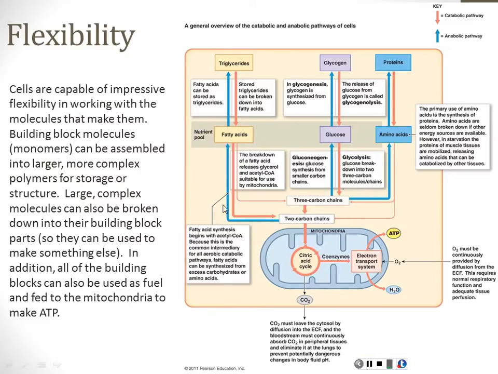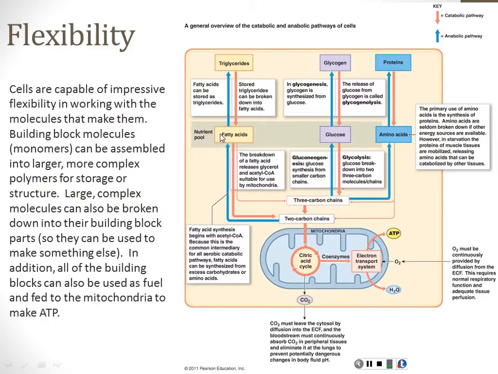We can do that with fatty acids, and we can do that with glucose. We take glucose and break it, that's glycolysis, and we get 3 carbon chains, which become 2 carbon chains, which the mitochondria can actually eat. Now we can reverse these processes too. We can create fatty acids by taking small carbon chains and building them into long chains of carbon and hydrogen.